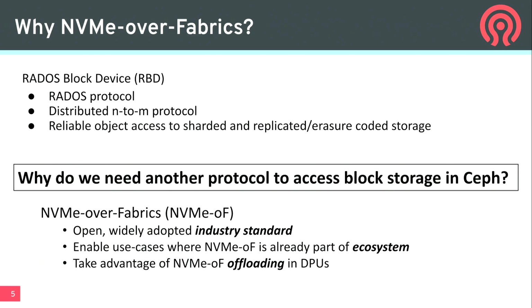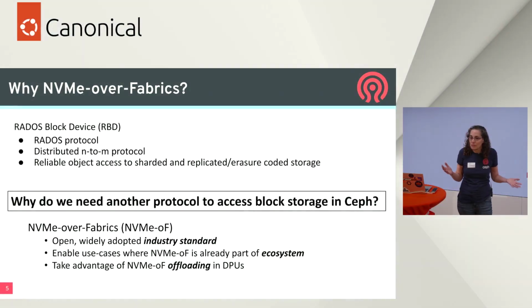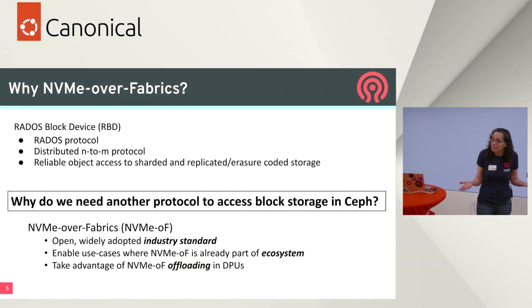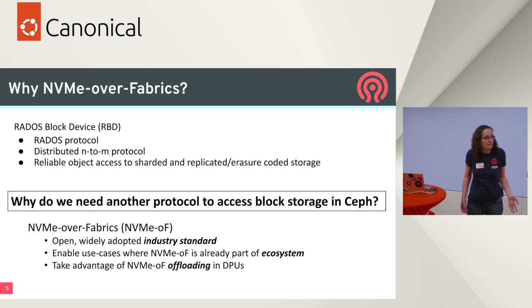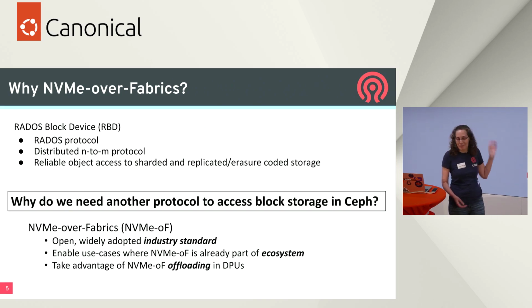And why do we want NVMe-oF Fabric itself? It's similar to iSCSI, the same reason. The main one is VMware. With VMware, I cannot use RBD. They will never support librbd or krbd. I need to use a standard industry protocol. So one option was iSCSI. Now you can also implement NVMe-oF Fabric.